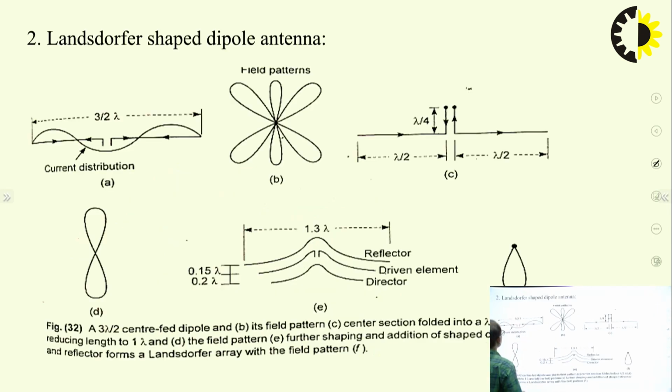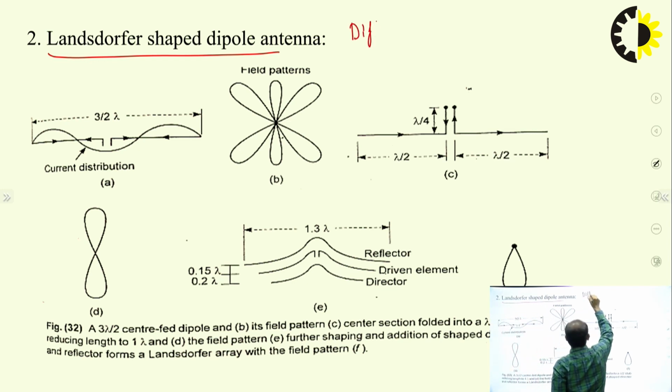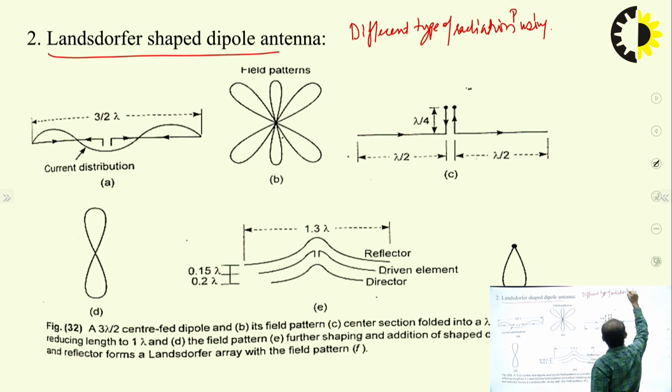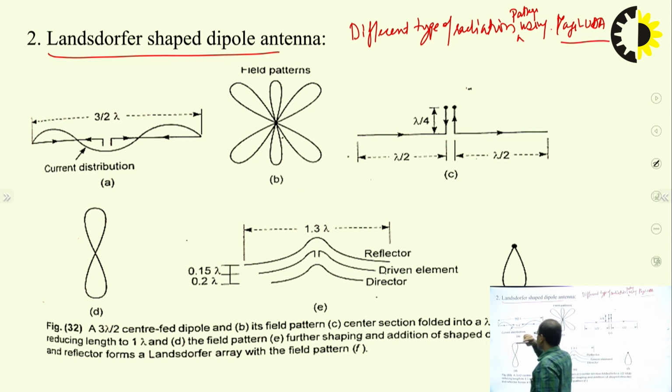Now next modification, the Landsdorfer shaped dipole antenna. Means you will observe here that different types of radiation pattern can be formed using a Yagi-Uda antenna. Now the second one is the Landsdorfer shaped dipole antenna.